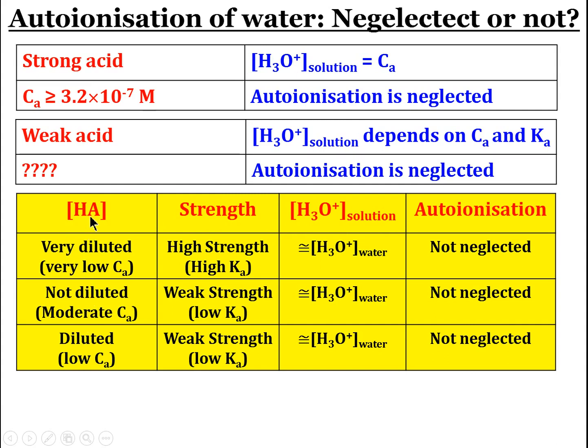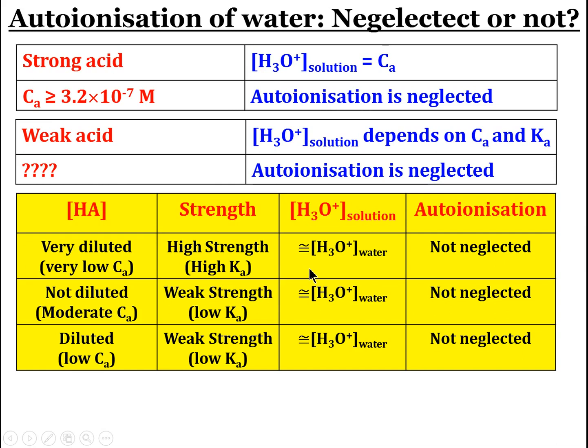For example, in the first, the acid HA is very diluted, so of very low concentration, and suppose the acid is of high strength, so of high Ka.